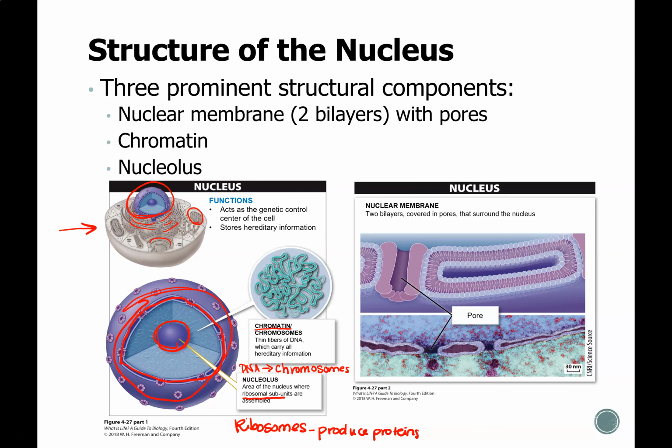Over here, we just have a picture of our phospholipid bilayer. You guys are familiar with that from earlier in the chapter. That makes up the nuclear membrane. And then we have pores, just like we did in our plasma membrane, that our messenger RNA, or mRNA, you guys might be familiar with that term.